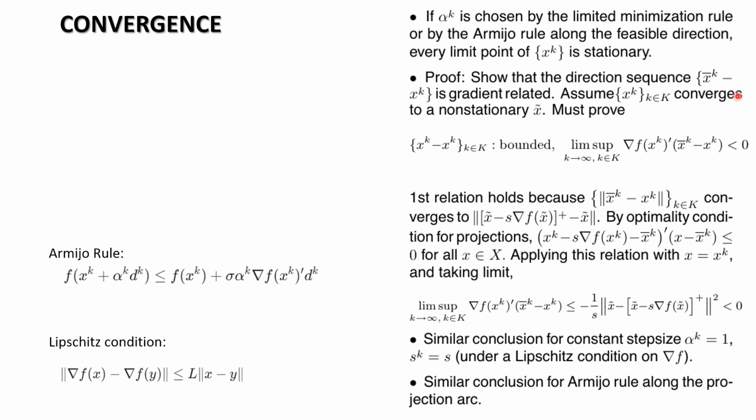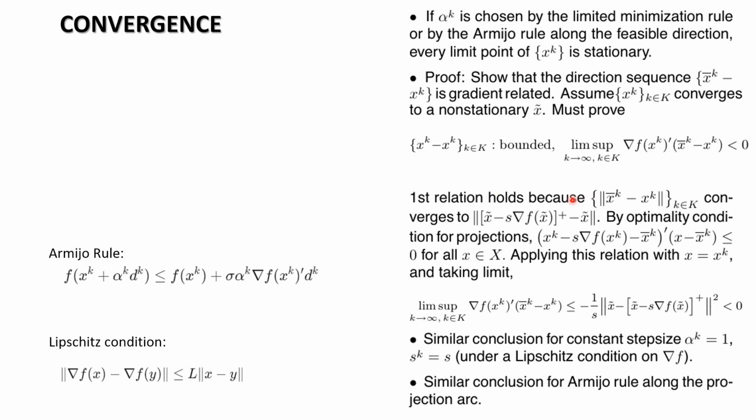Assumptions we can have here: alpha k is chosen via the Armijo rule, which ensures sufficient decrease, or a limited minimization, for a subsequence xk which converges to a non-stationary point x tilde. So now we want to prove a contradiction by showing that this cannot happen under the method. The first step is to show gradient relatedness.